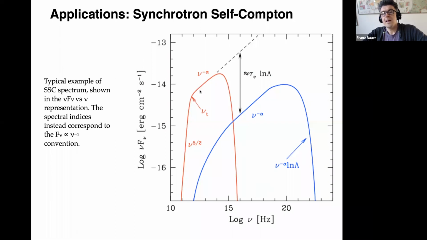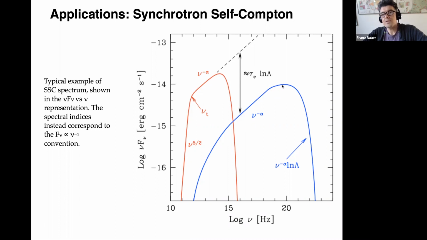And so when we integrate over this, we get a bunch of these different things. And so we actually see that the slope here is going to mirror itself in the slope here. We get a factor down, which is proportional to our tau and our ln lambda here.